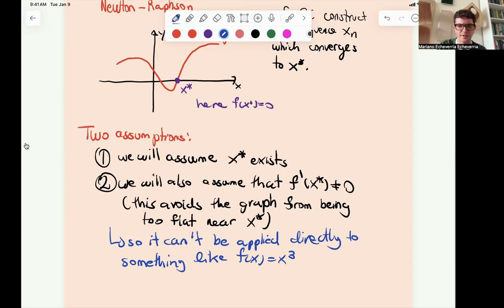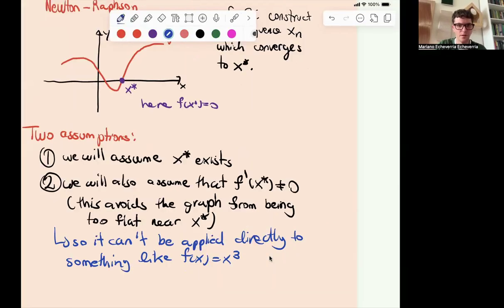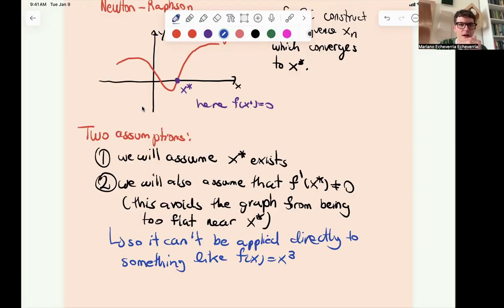I'm trying to find if I can show you the animation of how it would look on x cubed.